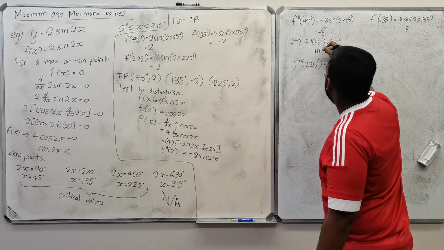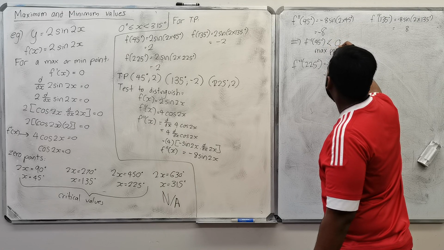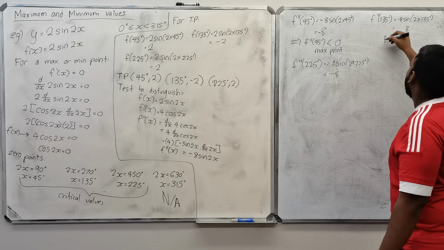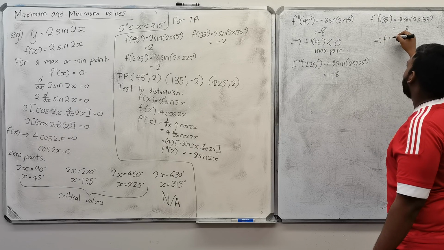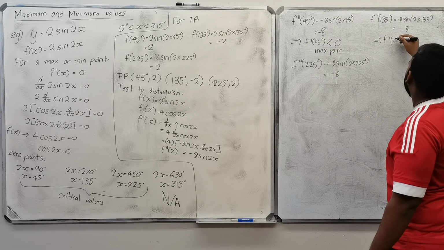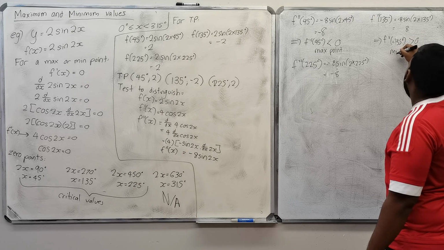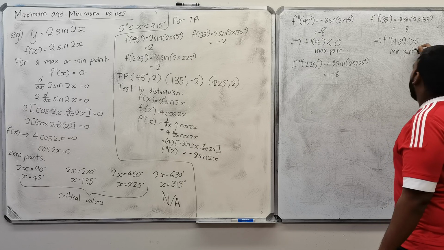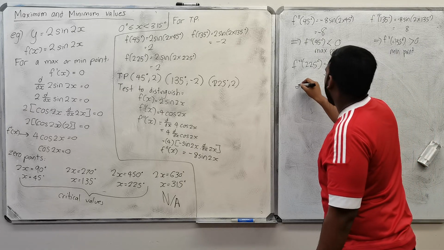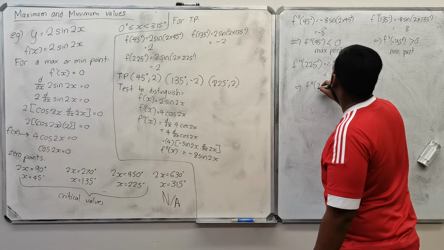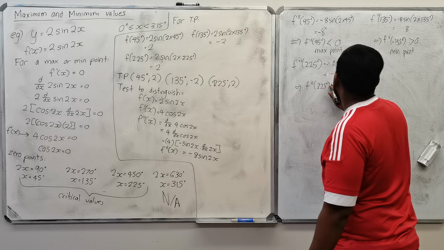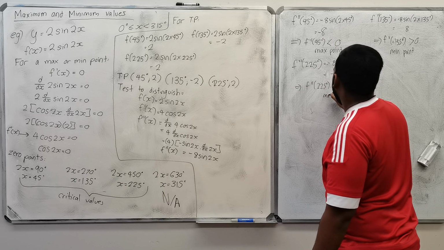So this is a maximum. Here f double prime of 135 degrees is greater than 0. So it's a minimum. And here f double prime of 225 degrees is less than 0. So it's a maximum.